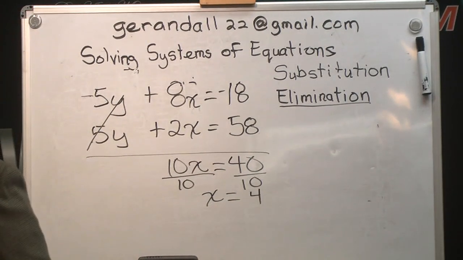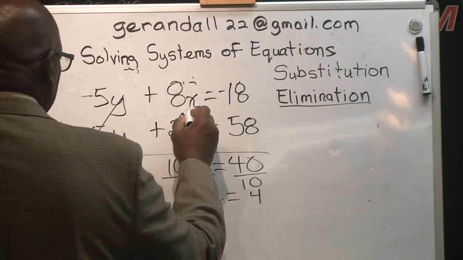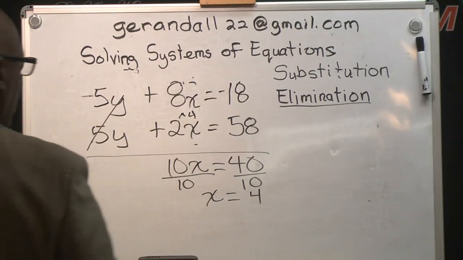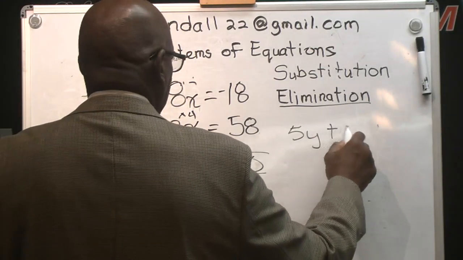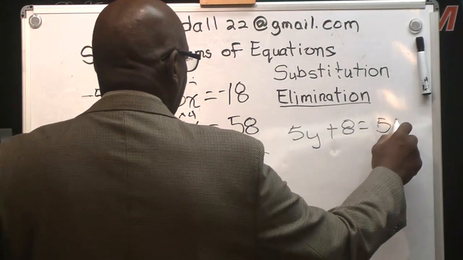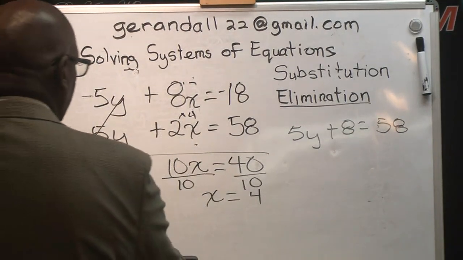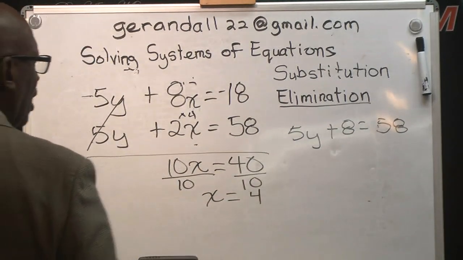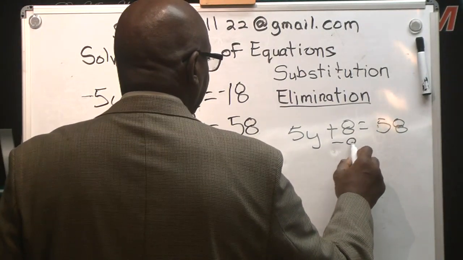Okay? We'll replace it here. And we'll have 5y plus 8 equals 58. Again, we undo addition with subtraction.